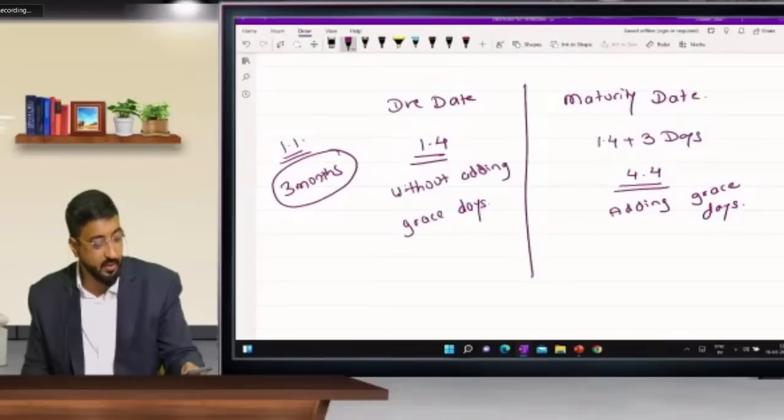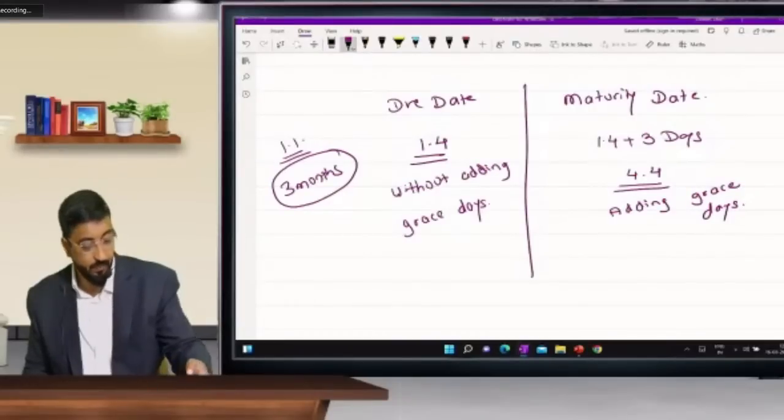Due date plus 3 grace days is equal to maturity date. Yes. After site, at site, beta, I will tell you afterwards, day after tomorrow. चलो.